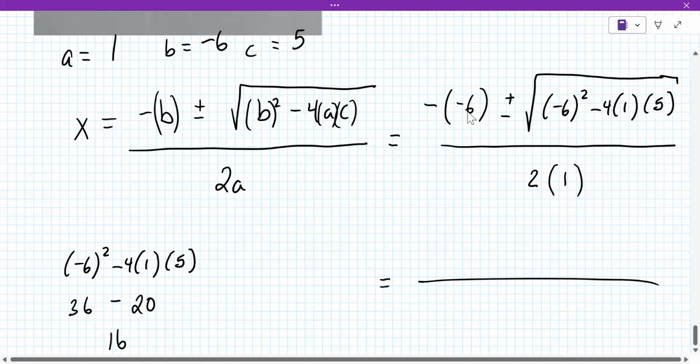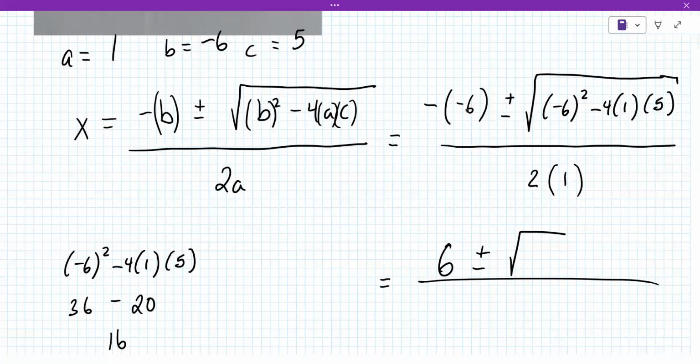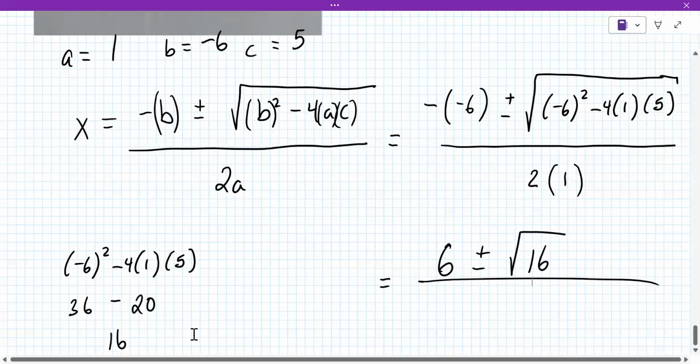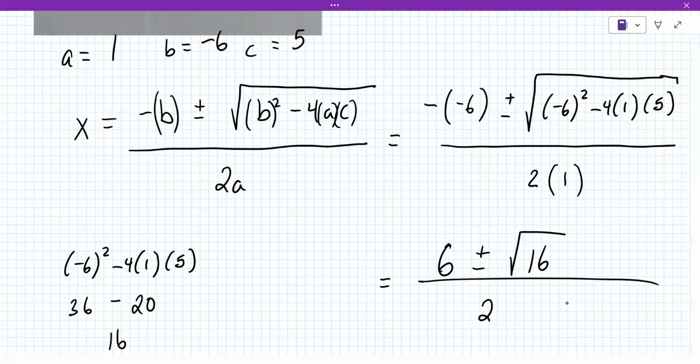Minus 6 is positive 6, plus or minus 16, that's the work we just did on the left, all divided by 2.